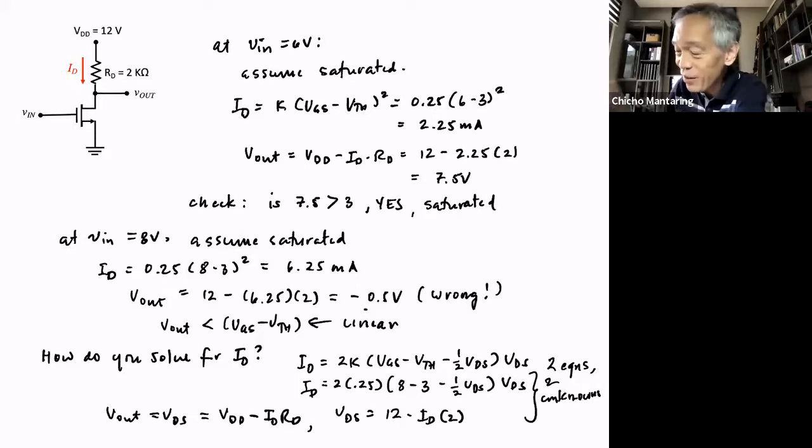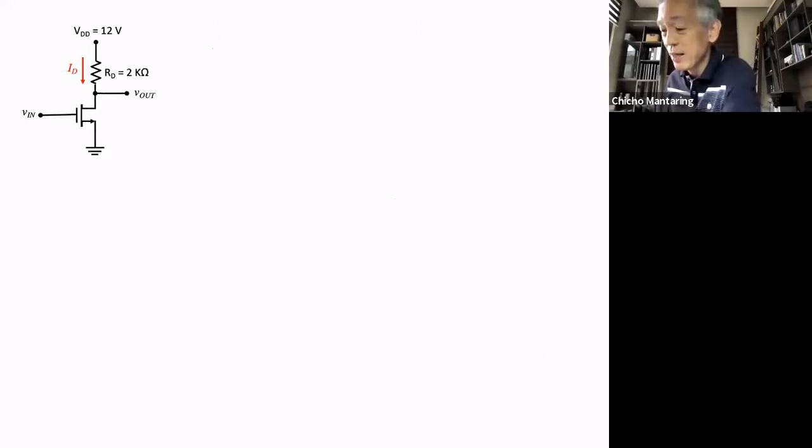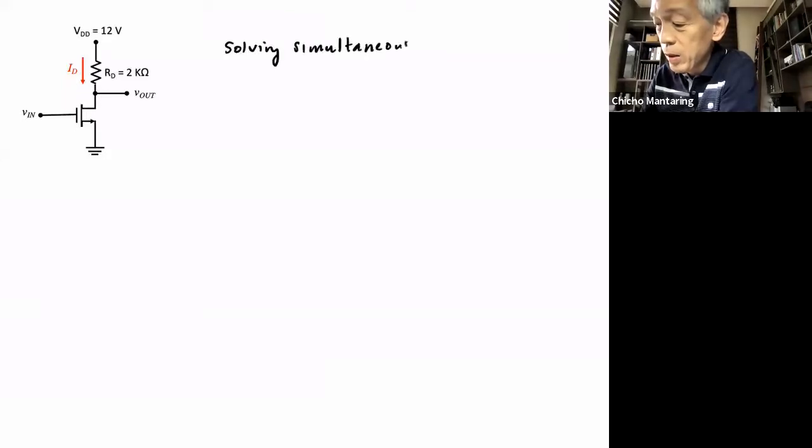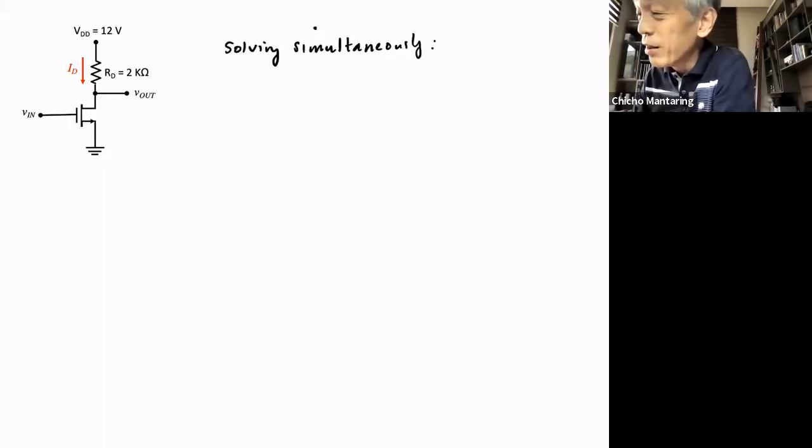But you can also use simple math. You're going to end up with a quadratic equation somewhere here. Anyway, solving that simultaneously, what am I going to get?